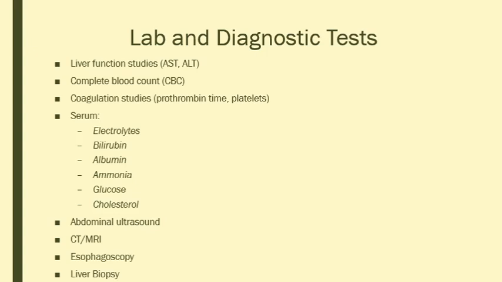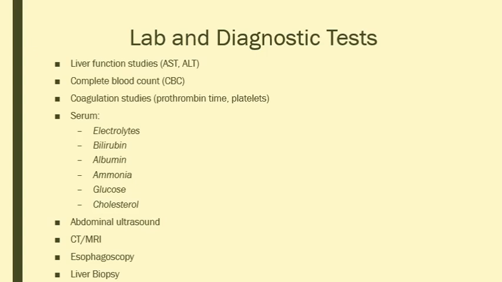ALT is going to tell us your patient has something going on with the liver. AST is going to tell us there's high metabolic activity, so it can be with different tissues. It can affect the heart, liver, skeletal muscles, or the kidneys.